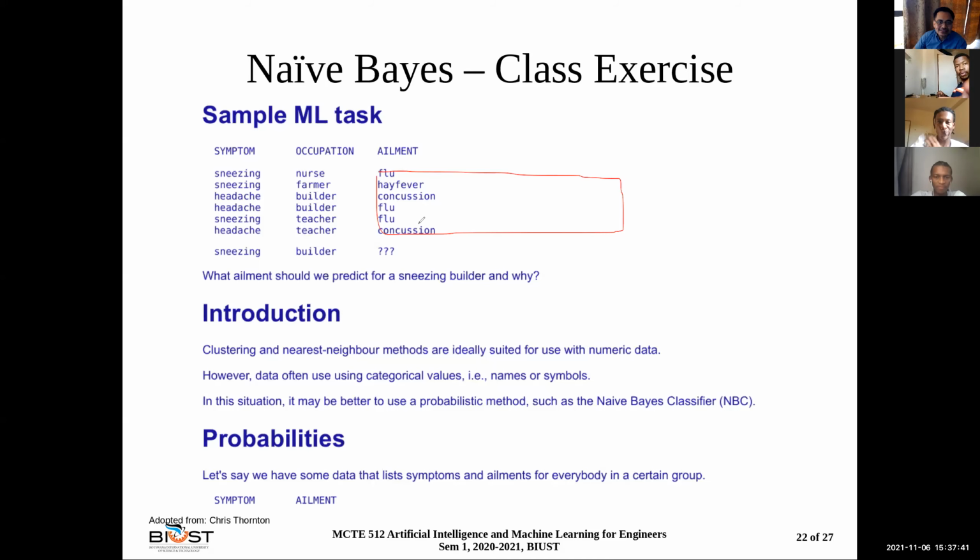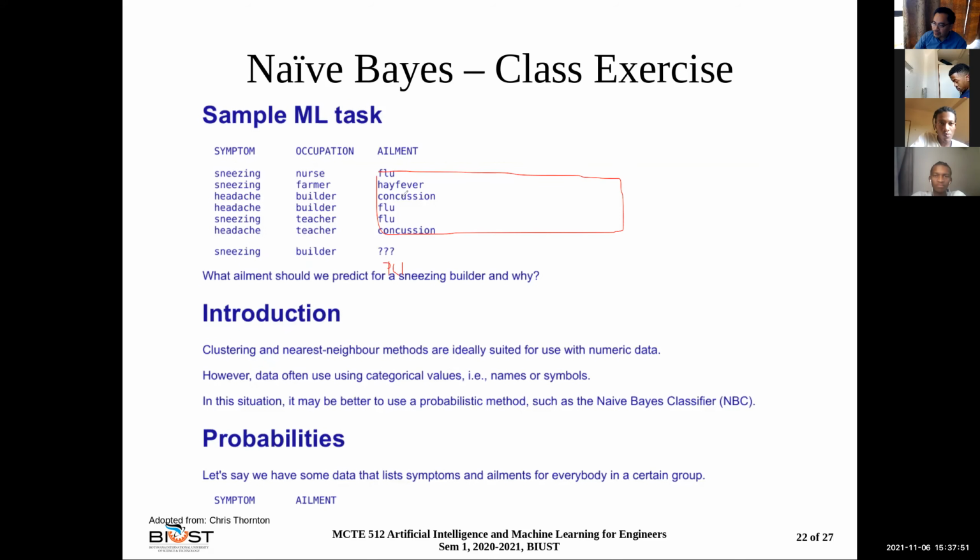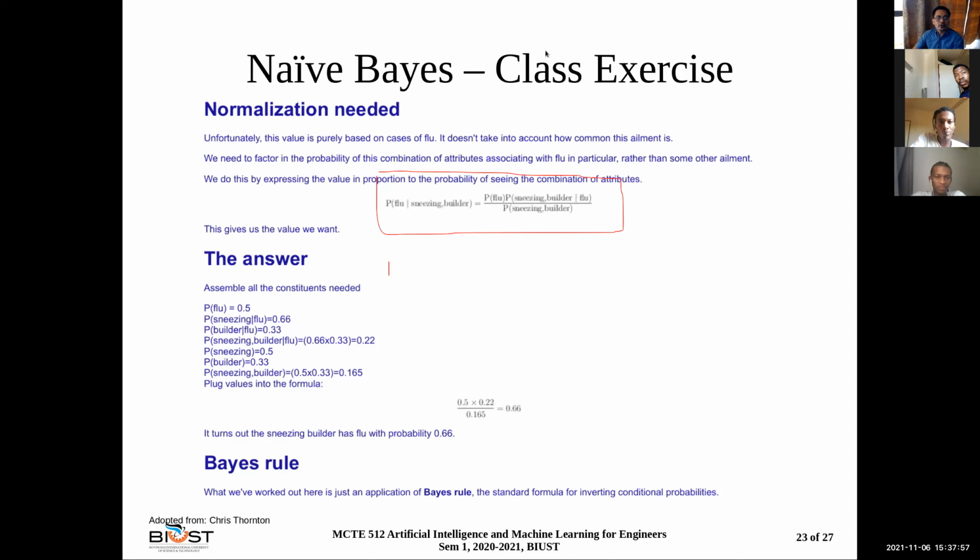So if we have flu, hay fever, concussion, now we only consider flu. What is the probability of it being a flu? That's 66%, which is already the total probability, very high.